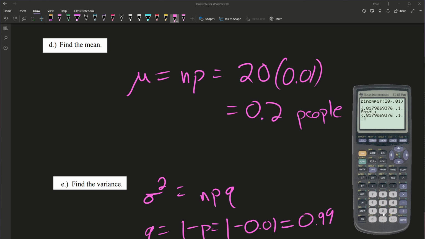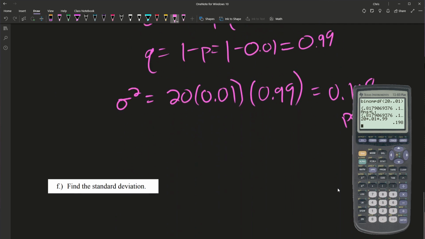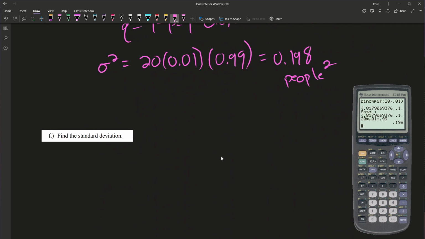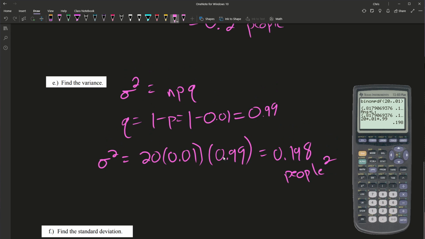And let's just double check what this is. This is 0.198. Our units are people squared. So again, this was just n times p times q.